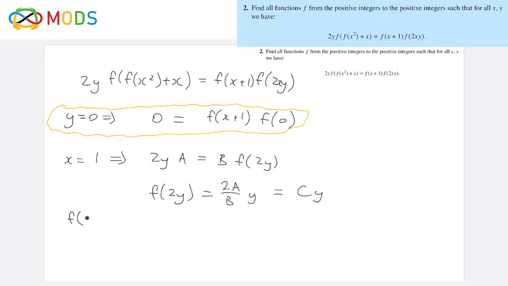Okay, so what do I put here? f of 4k equals even.